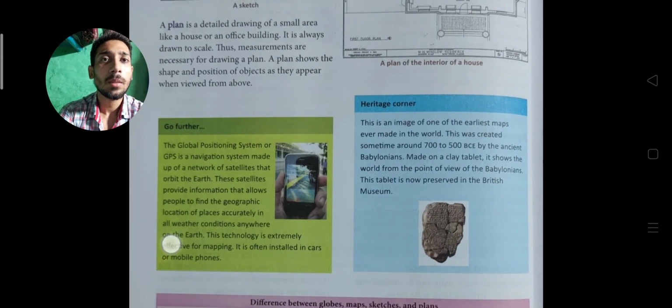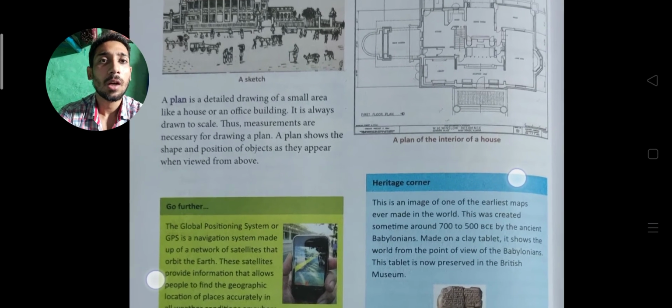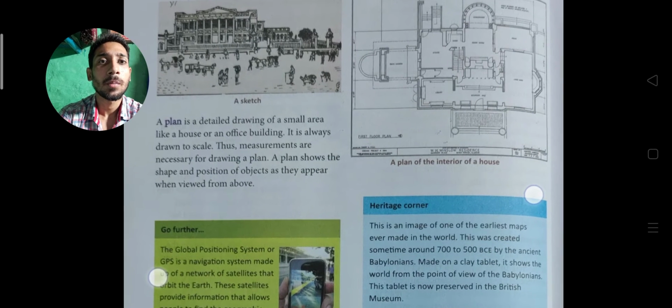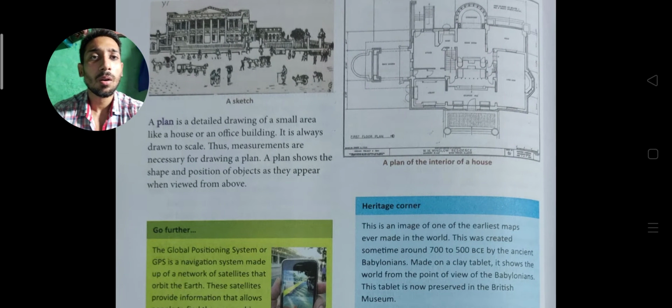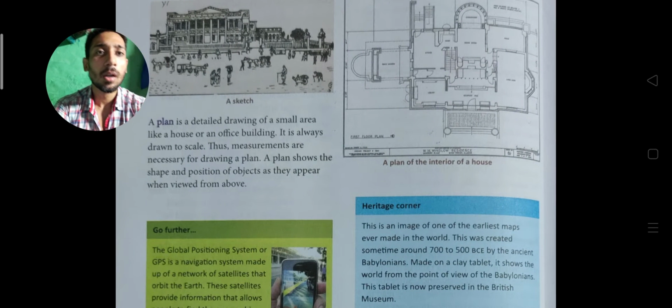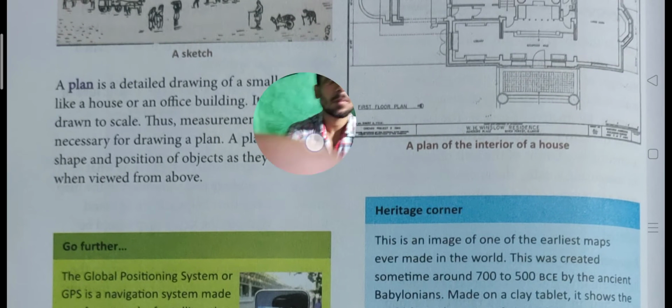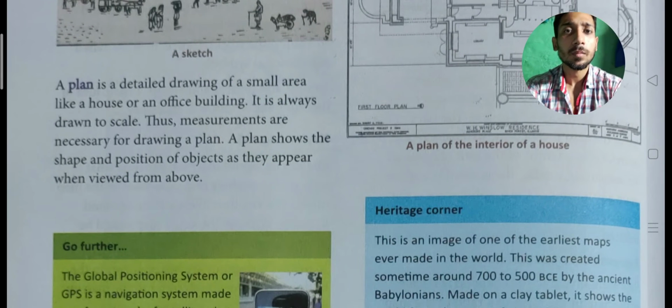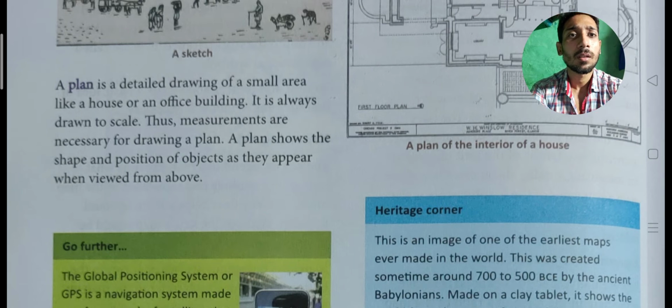As we have learned about the sketch, now we are going to learn about a plan. A plan is a detailed drawing of a small area like a house or an office building. It is always drawn to scale, thus measurements are necessary for drawing a plan.